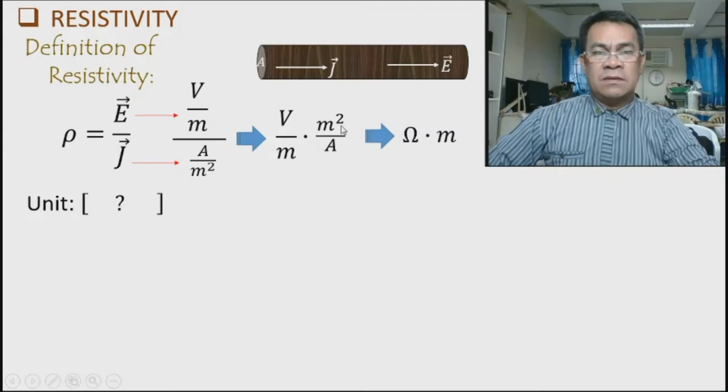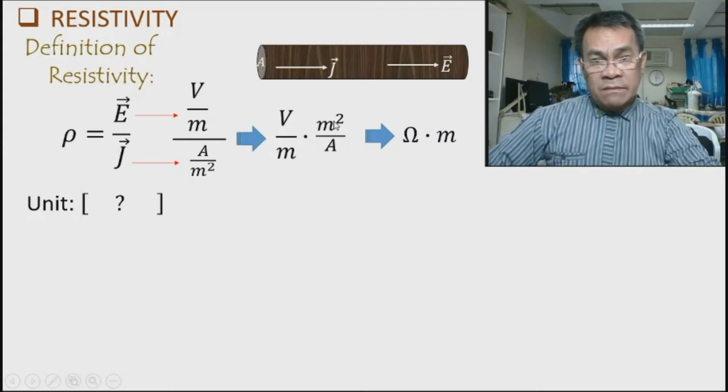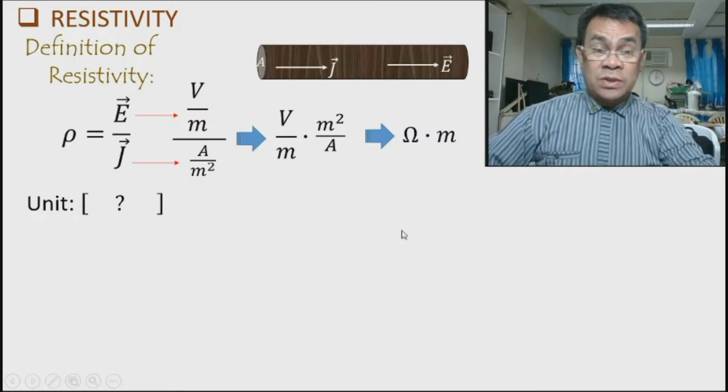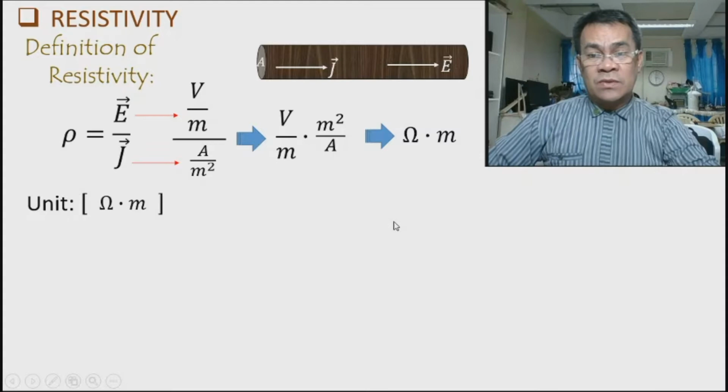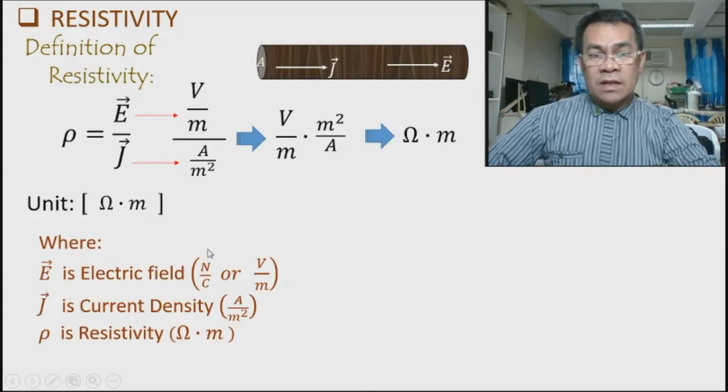If you divide the volt unit by ampere, the result is ohms. This is Ohm's law, actually. Later on.